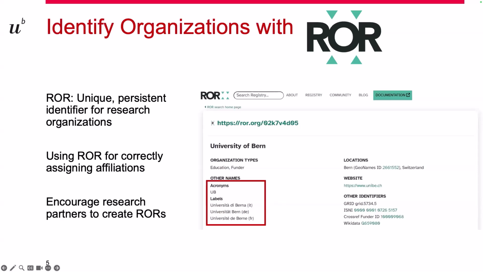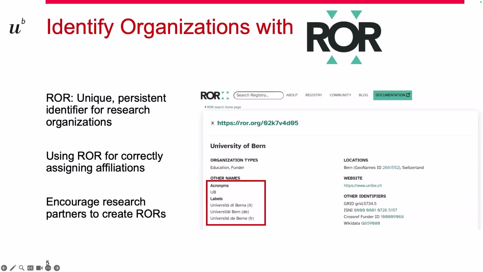So that is why the ROR was developed. It was developed by the research community itself, and all its data is openly available and open for anyone to reuse. The ROR ID is also closely working with other systems. I don't know if you know GRID, or you probably know Wikidata, also ISNI or Crossref Funder ID.